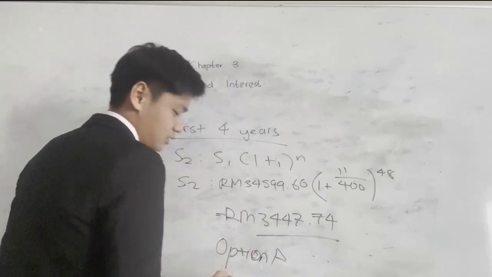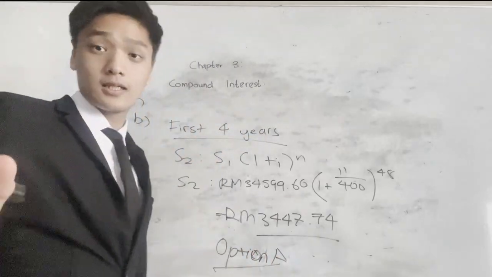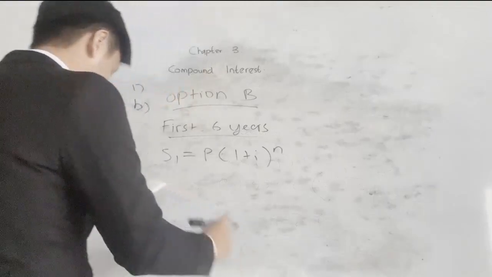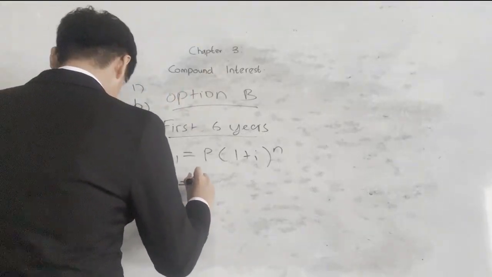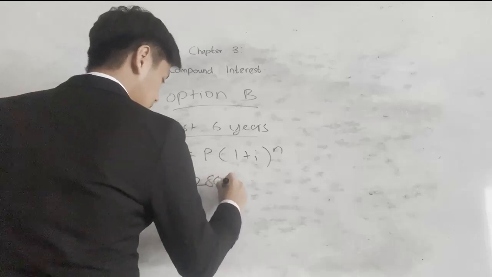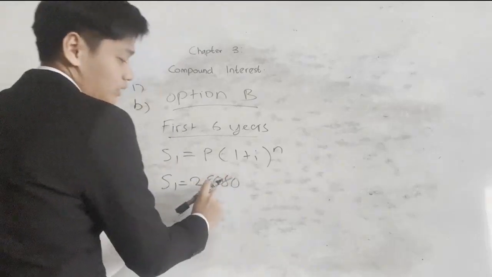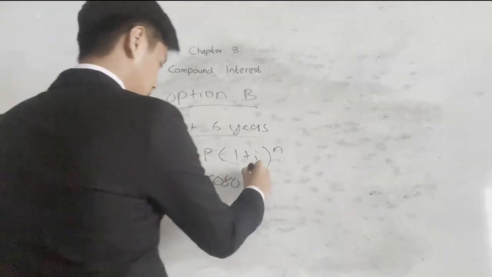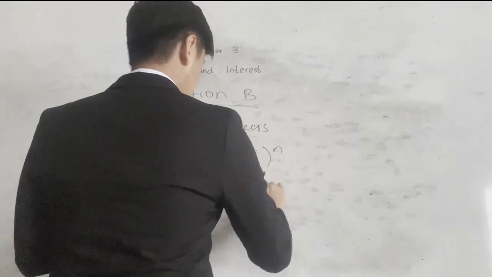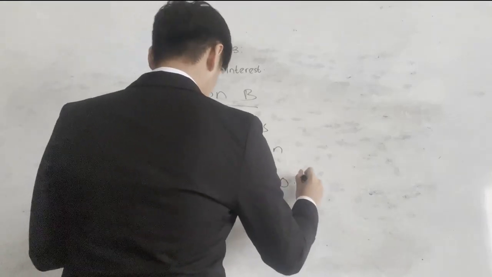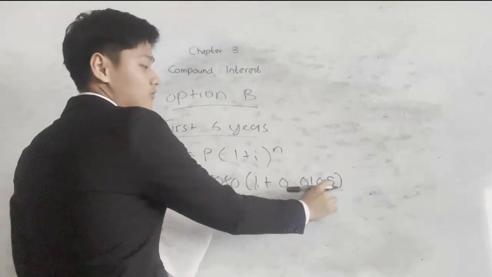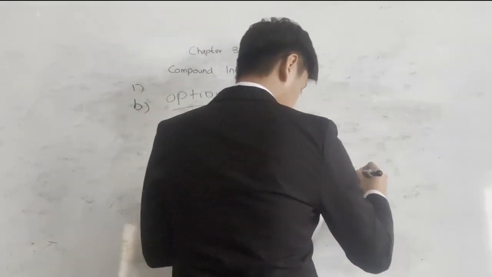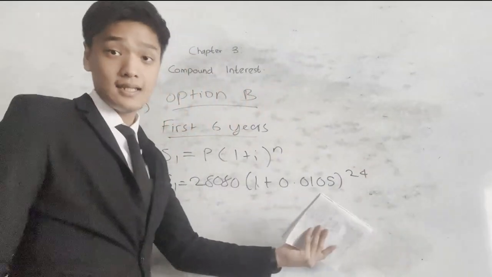Alright? This one. Okay, option B. And then we're going to use P equal to 280.80, times (1 + 0.015) to the power of 24, for the N to be equal.